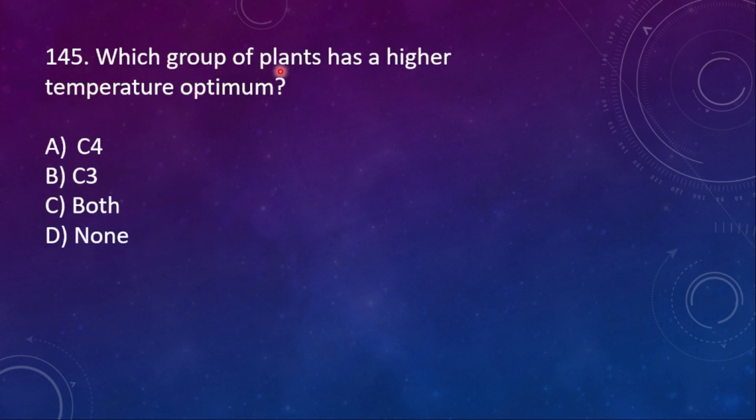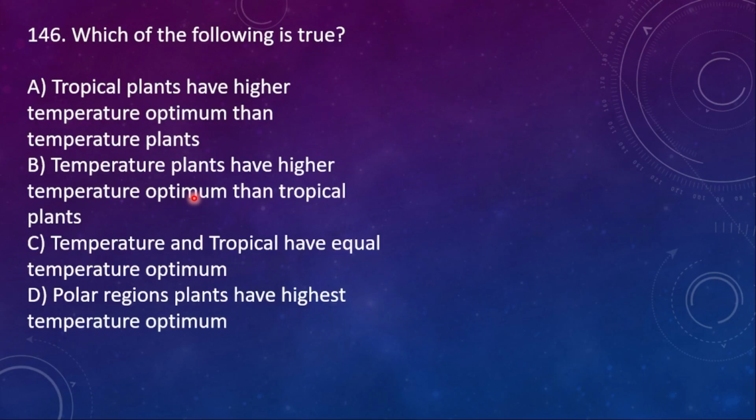145. Which group of plants has a higher temperature optimum? C4, C3, both, none. Here the right option is C4. C4 has the highest temperature optimum. 146. Which of the following is true?